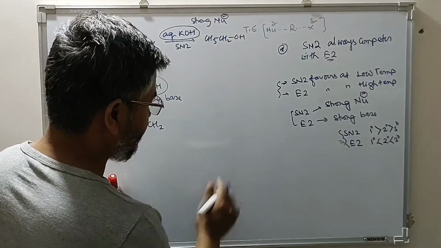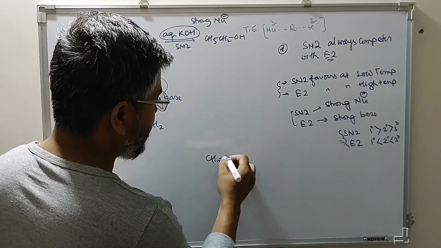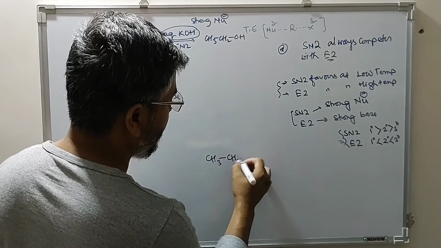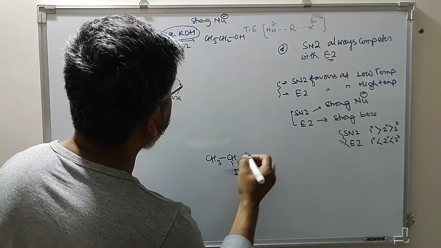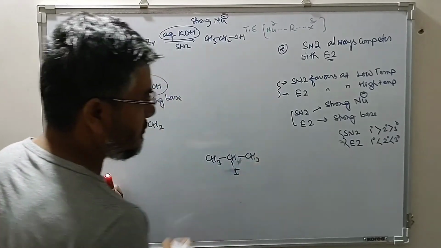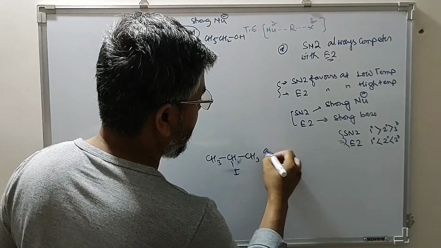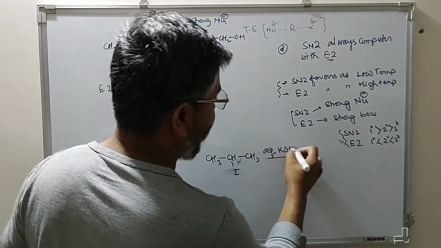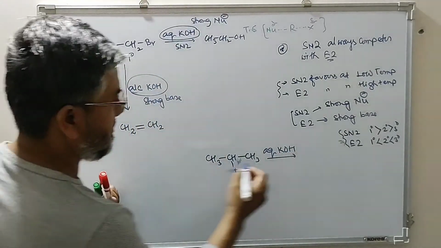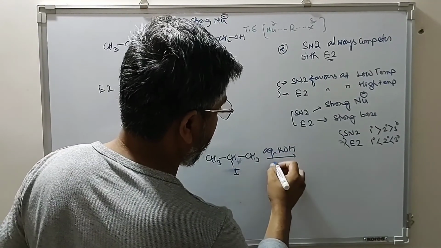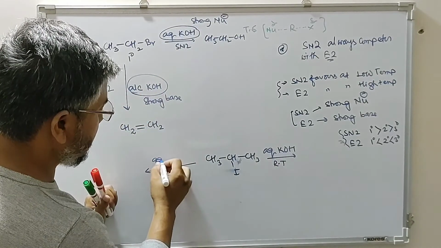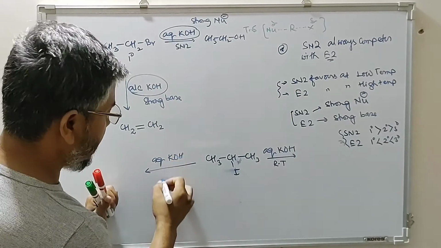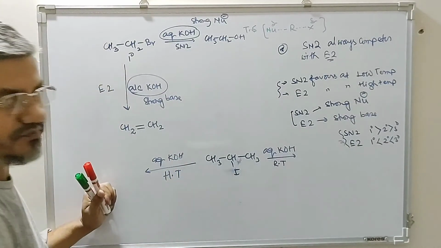Look at this again. Take CH3CH2I with CH3, we use aqueous KOH at room temperature. Now we use the same aqueous KOH but at high temperature.